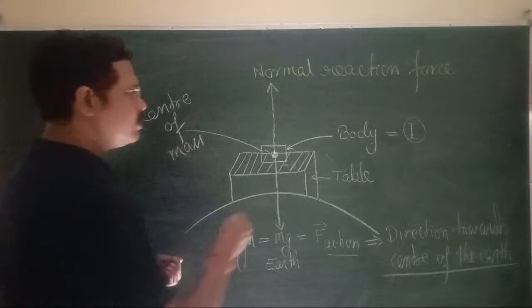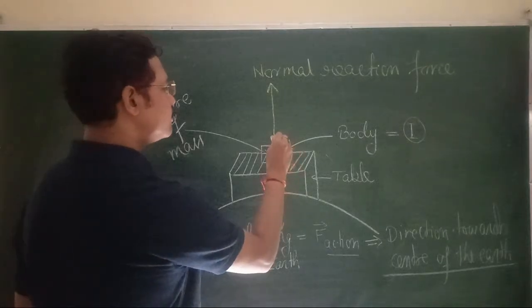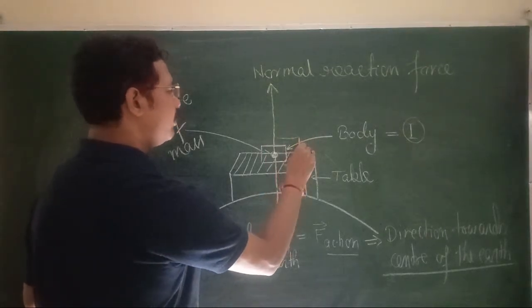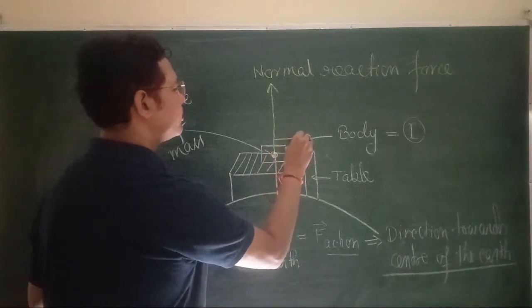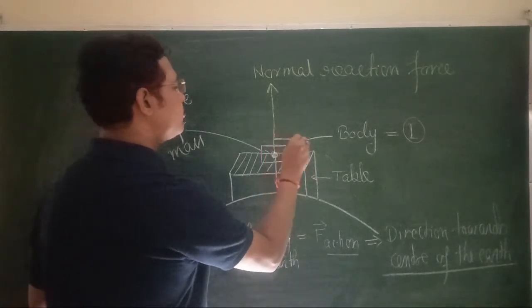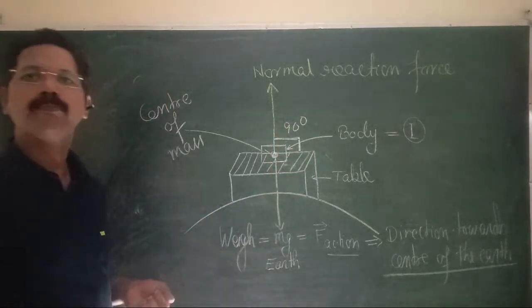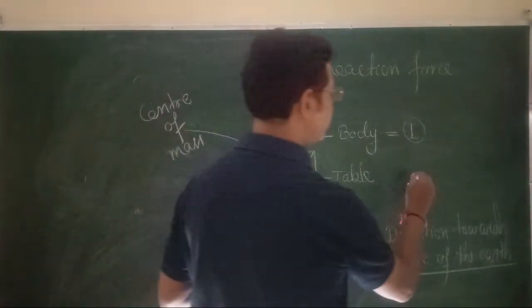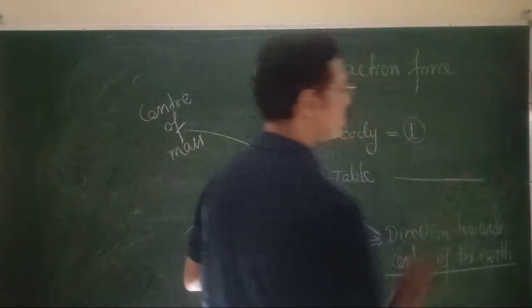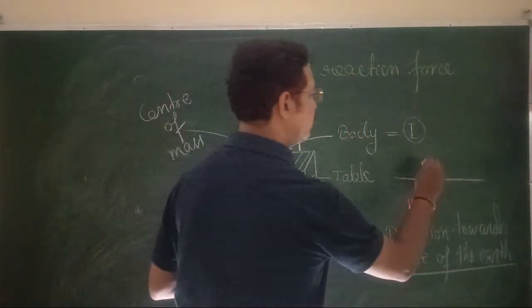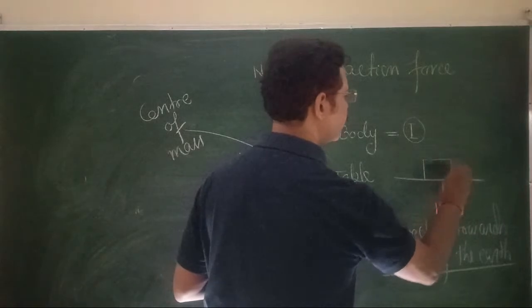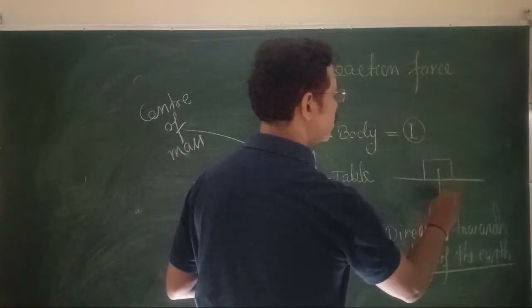Normal means on this table surface, this normal force is acting at what angle? A 90-degree angle. This is the surface of the table. This is the body. There is the force of action mg.